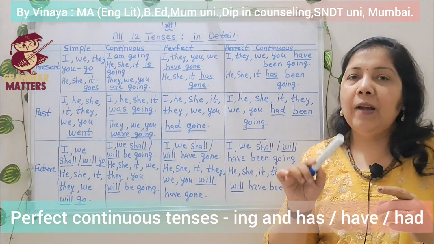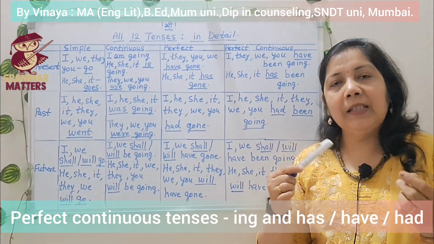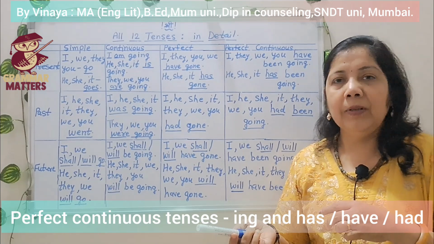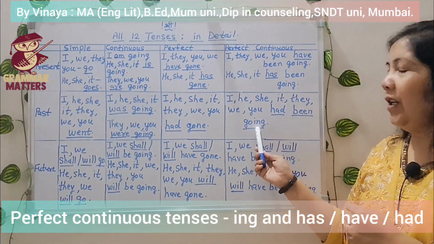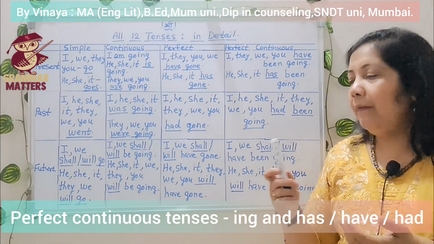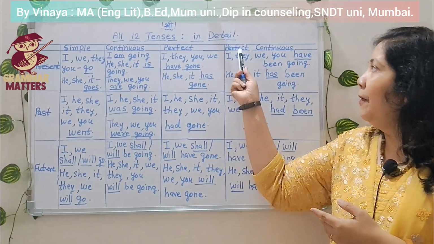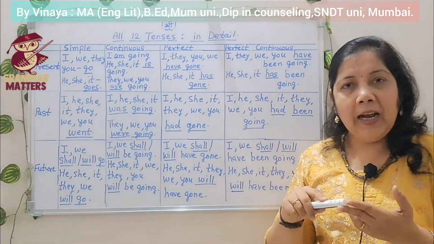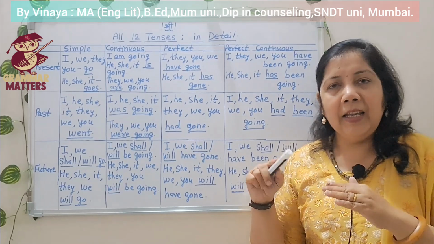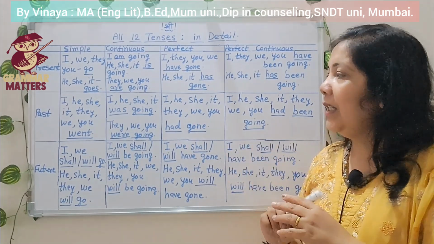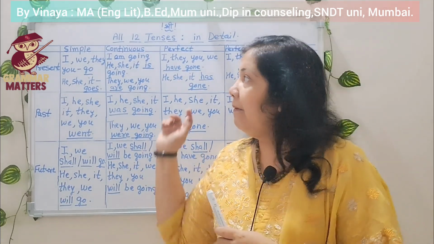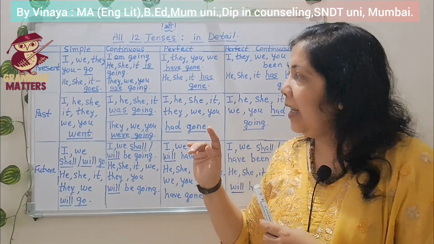For past, you have to take only had, because that is the past tense. So had been going. And for future, will have been going or shall have been going. So perfect is has, have or had. Continuous is ing. Keep in mind all these things.